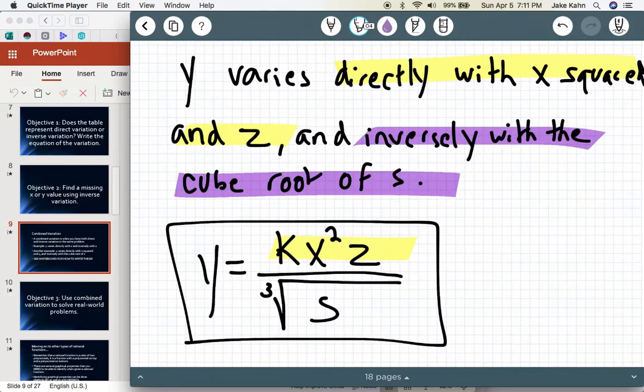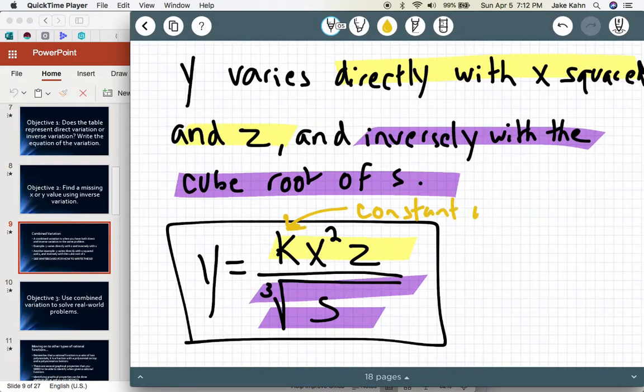Well, inverse variation would show up in the denominator of the fraction, right? So that's why we have this right here, the cube root of s on the bottom of the fraction. This k value right here is still your constant of variation. It's just now your constant of combined variation.